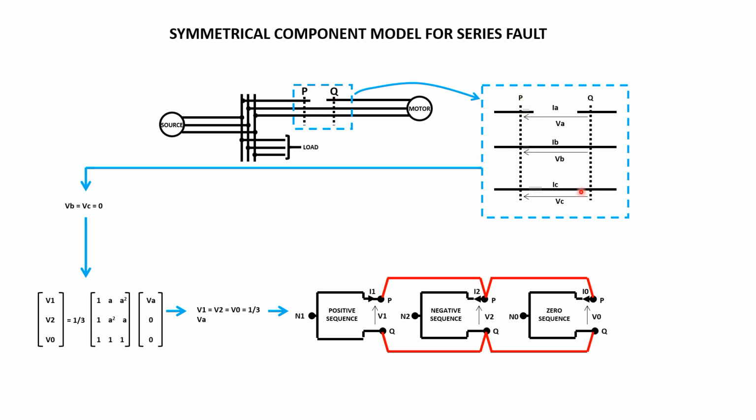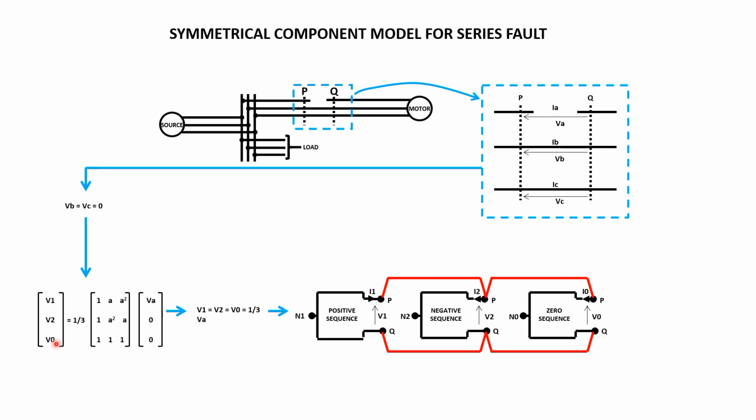So point PQ, and from the PQ point of view, we have voltages between PQ, VA, VB, VC, and currents IA, IB, IC. In this case, with a single phase open, we have VB equal to VC, between the ports, equal to 0.